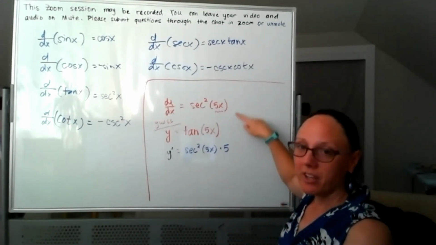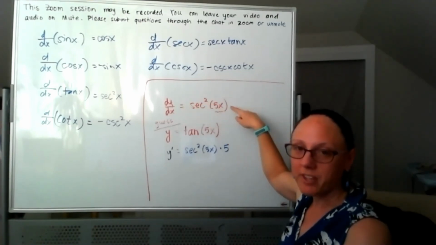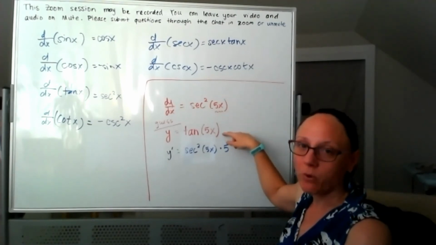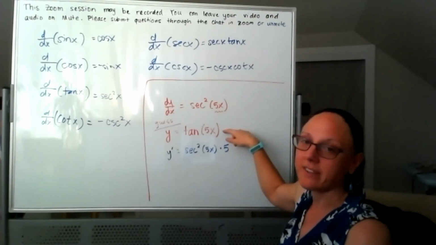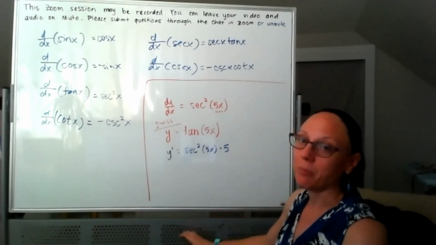This 5 isn't there in our original derivative, which means that we have to correct for it in our guess for the antiderivative. And the way we're going to correct for it is by dividing by 5.